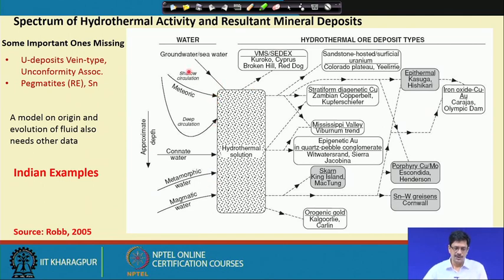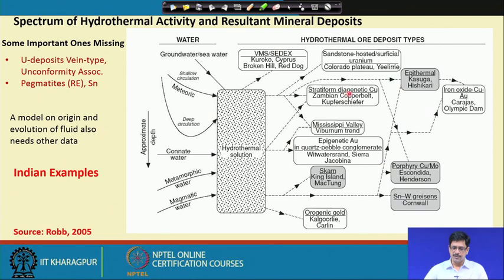So, this is meteoric water, shallow circulating water, and the deep circulating meteoric water, then water which is trapped in the pore spaces of sediments, the connate water, metamorphic water, magmatic water, and the deposits that we get are listed here. And from the arrows marked here, we generally know what kind of fluids play their role in formation of such kind of deposits.